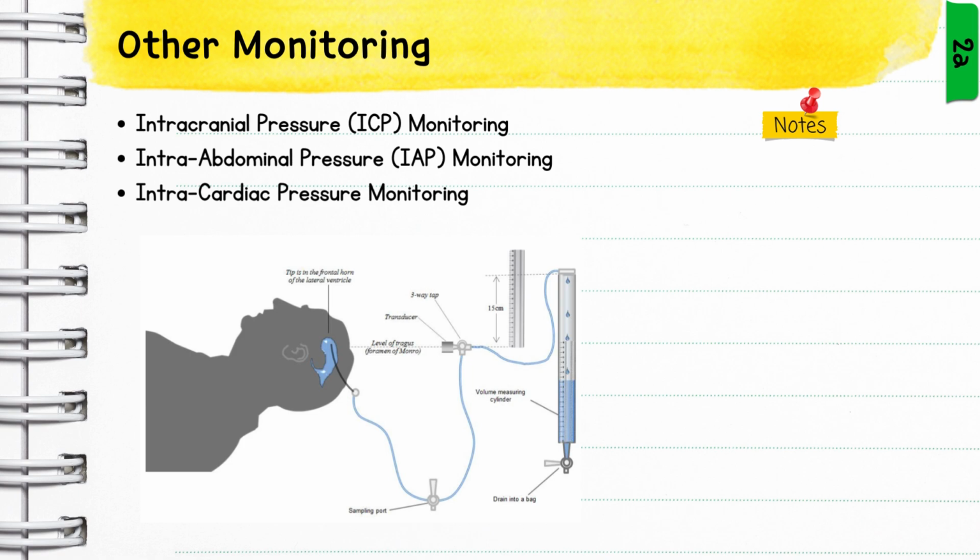Okay, so some of the other monitoring: intracranial pressure. If you go on a neuro ICU, you're going to see this, and sometimes they can insert these at bedside. It's kind of crazy to watch. Intra-abdominal pressure and intracardiac pressure monitoring. So, y'all, I just want you to look up some of these definitions and understand what it's doing.